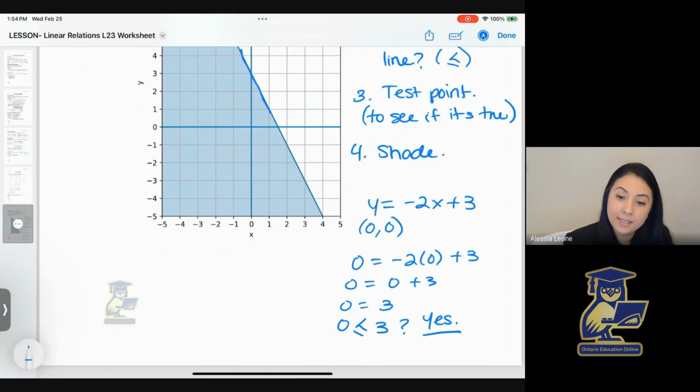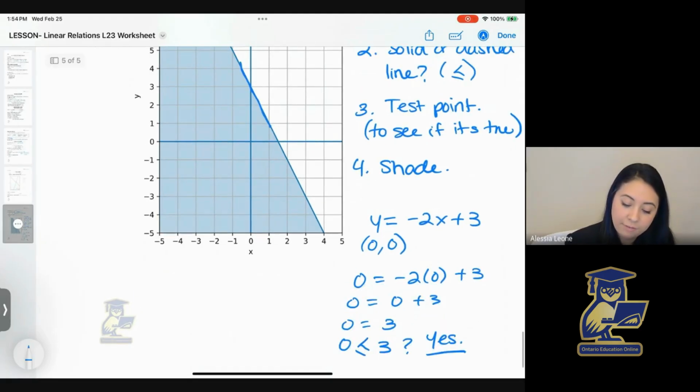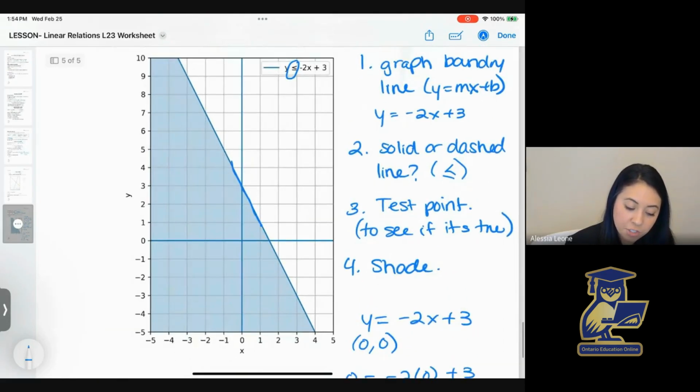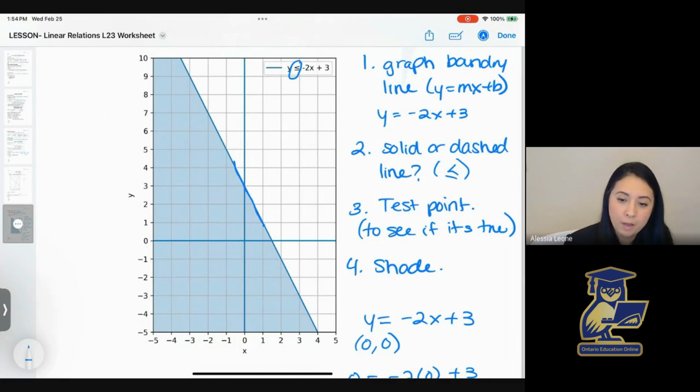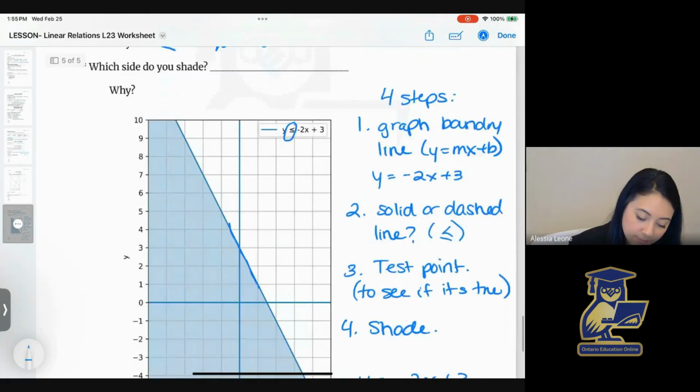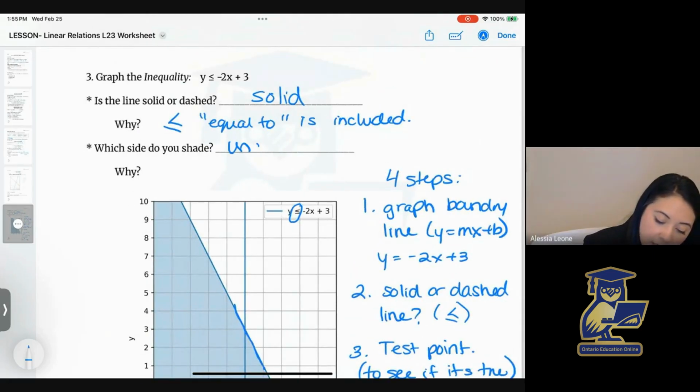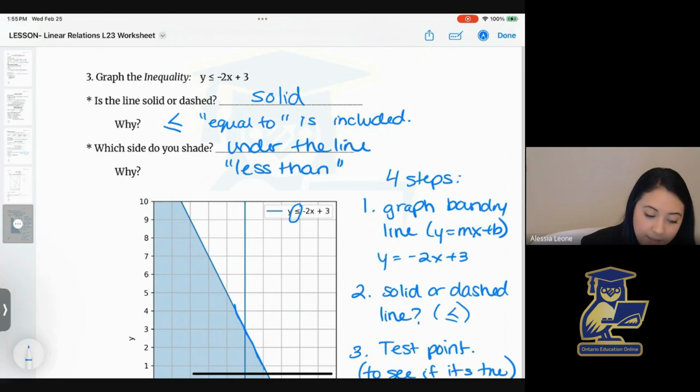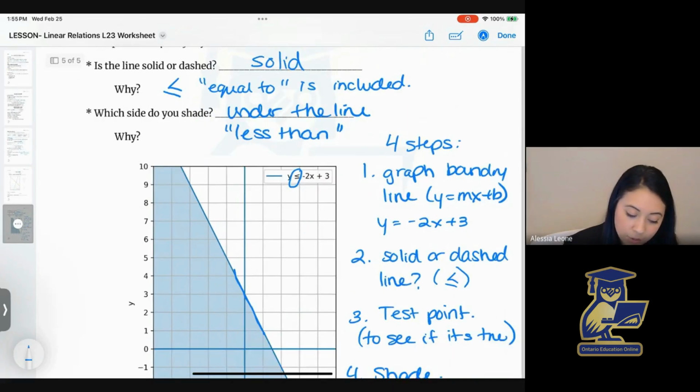So that makes this inequality true. So we tested our point to see if it's true. We got our answer. Yes. Now we shade. So we know that we have to shade below the boundary line because it is talking about 0 being less than. So which side do you shade? Under the line, because it is using the less than sign. And the less than sign with that statement is true.